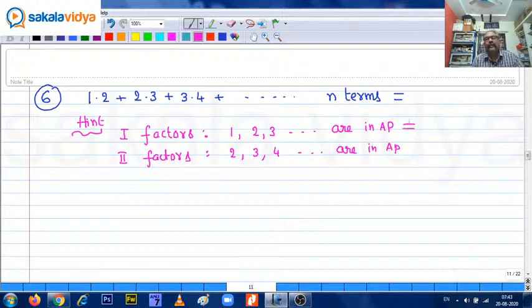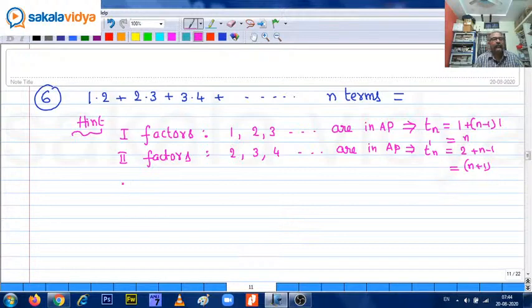First, let us find the nth term of the first factors. Say it is Tn. Small tn equals a plus n minus 1 into d. A is 1, plus n minus 1 into d. D is 1. So n minus 1 plus 1 is n. Say this is t dash n, the nth term of the second factors: 2 plus n minus 1, that will be n plus 1.